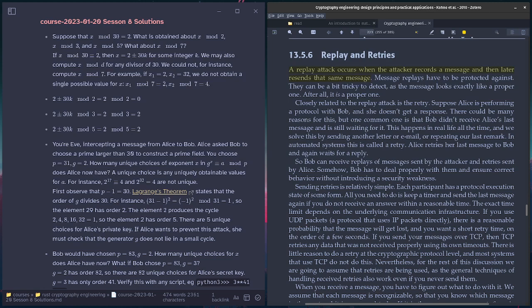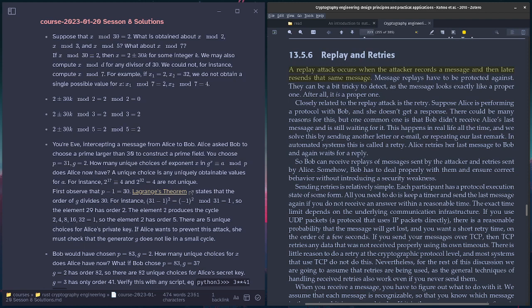A composite value is any value that is not prime, if you have a composite value in the modulus. So if we take a look at the first example we were given, suppose that x mod 30 is 2. What is obtained about x mod 2, x mod 3, and x mod 5?